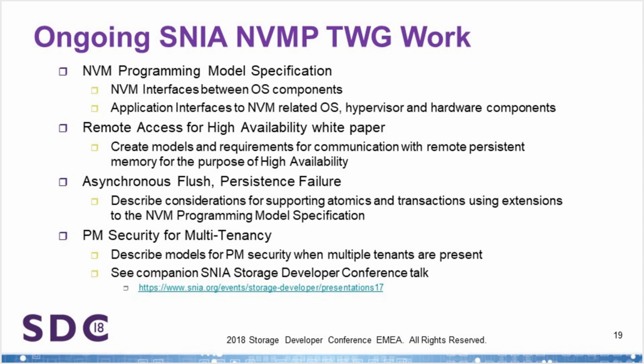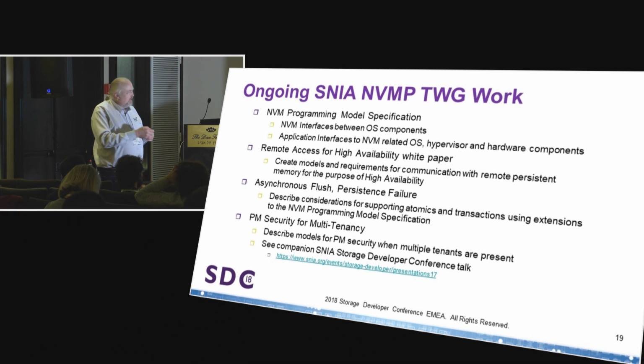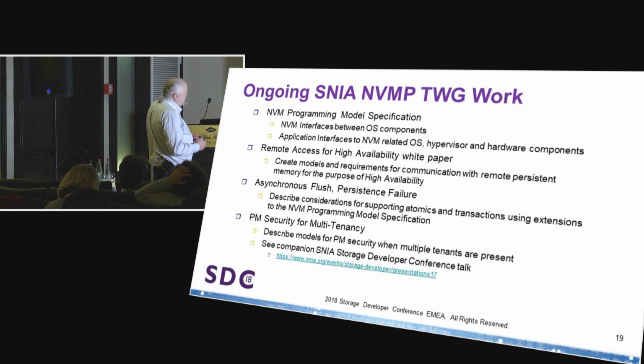That's durable. If power goes off, your data's still there, but nobody has access to it. If you want it to be highly available, you don't only have to persist it on the local machine, you want to persist it somewhere else. And so we did this white paper on remote access for high availability. Go look at that. It talks about all these considerations.